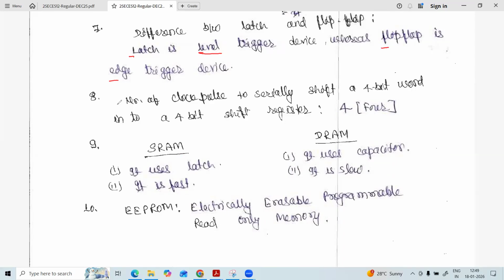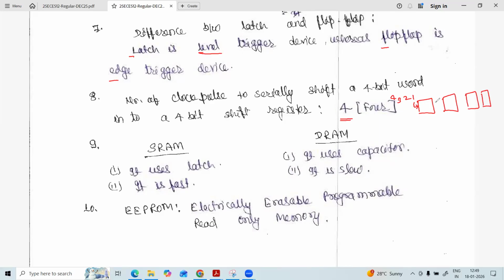Now, how many clock pulses are required to shift a 4-bit word into a shift register? Into a 4-bit shift register, 4 clock pulses are required. Suppose we have 4 flip-flops, and 4 bits 1, 2, 3, 4. During the first clock, the first bit will be loaded here.